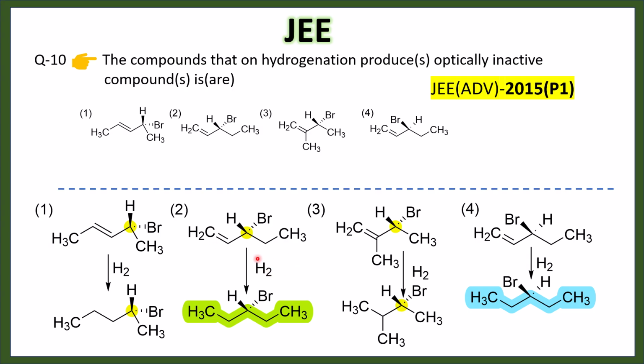Now after hydrogenation, this becomes the saturated part like this one, so that chirality is diminished. In these cases, hydrogenation gives this saturated single bond, whereas this center remains as earlier, so the chiral center remains unaffected, whereas this chiral center is again diminished by hydrogenation because one center contains two similar groups. So the correct options are this one and this one. The two compounds become optically inactive.